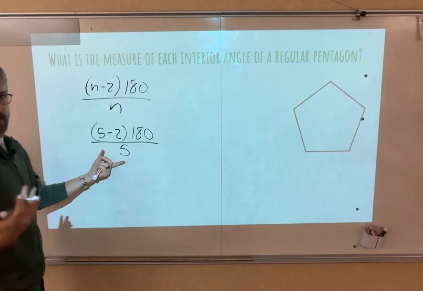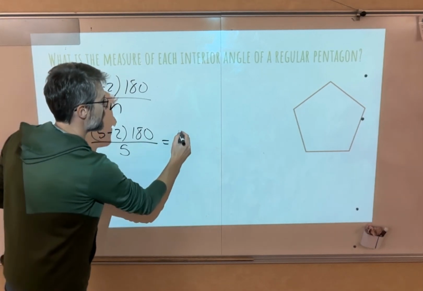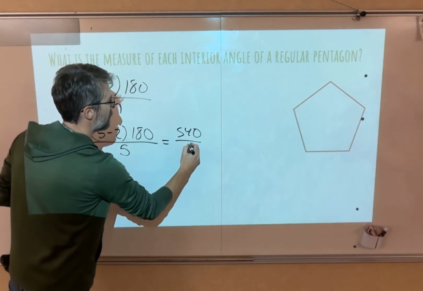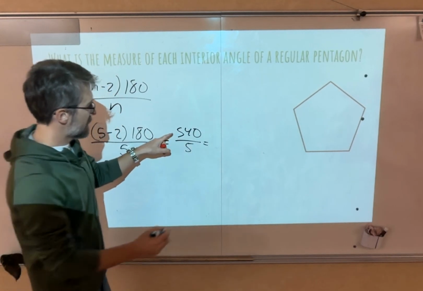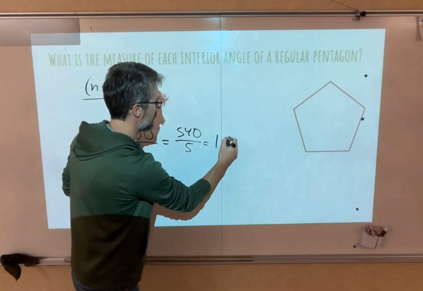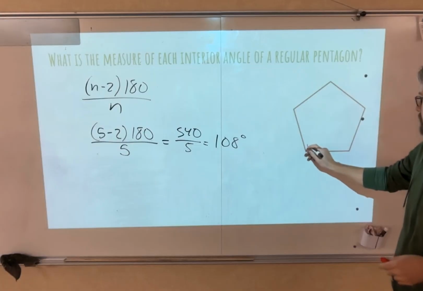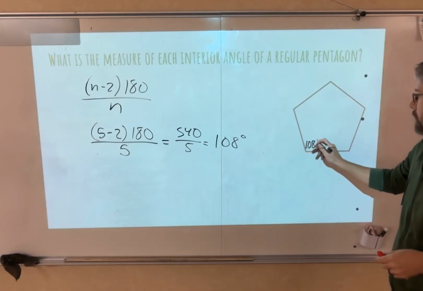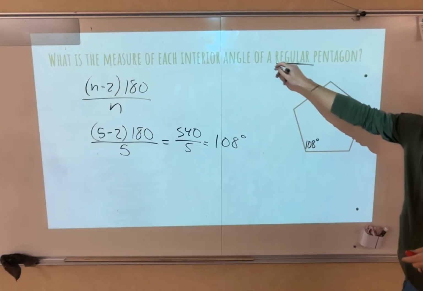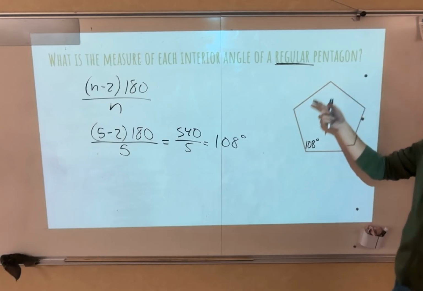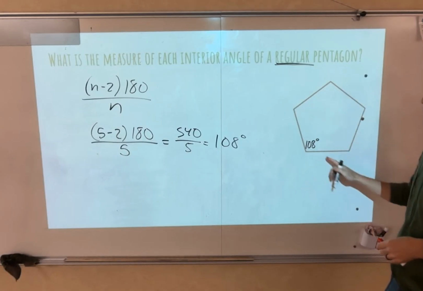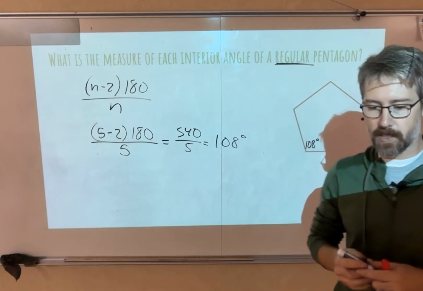I divide it by 5, the number of angles, right? So this is 540 over 5, and that is 108 degrees. So each one of these angles, if it's a regular polygon, again, regular is the key word here, meaning it's like an equilateral pentagon, every one of them is going to be 108.